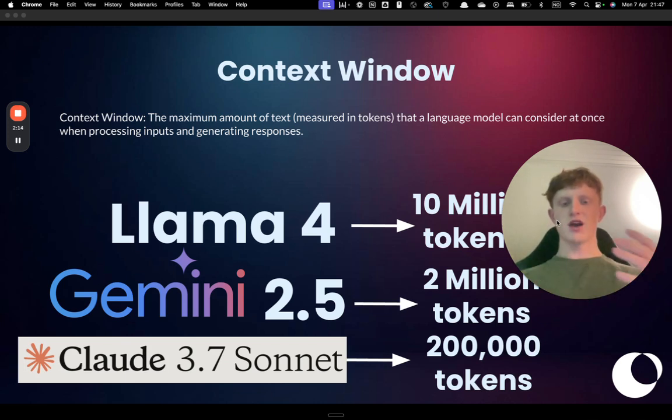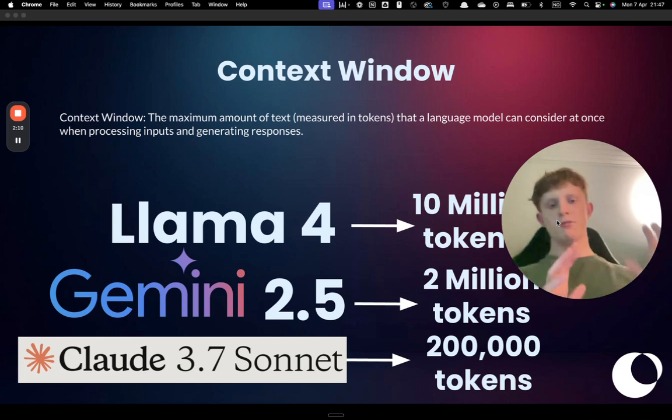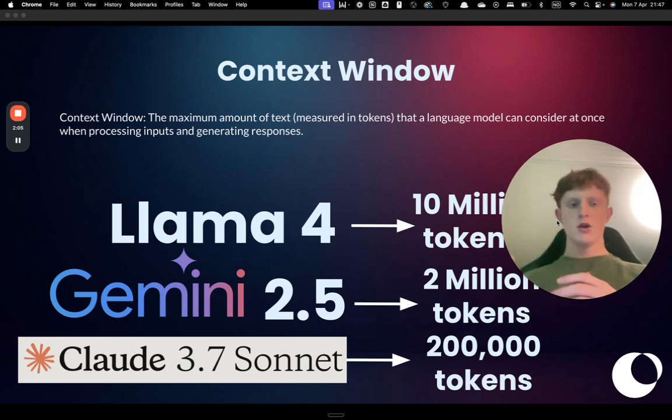If you look at a code base, for instance, and this code base is 5 million tokens, and you use Gemini 2.5 to generate new code for it, it will only look at 2 million tokens out of those 5 million. So it will exclude 3 million tokens, which can really cause a lot of damage in the code base.